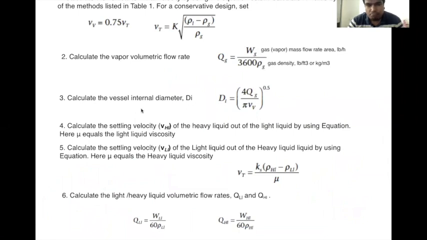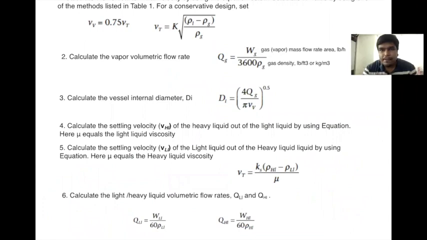Now see, there are various steps which have been defined to design a vertical separator, right? Now we'll see those. Number one step, right, is to calculate the vertical terminal velocity by using the equation below. As we have seen, there is always a vertical terminal velocity, and this vertical terminal velocity should be greater than the velocity of the gas which is moving up, right?